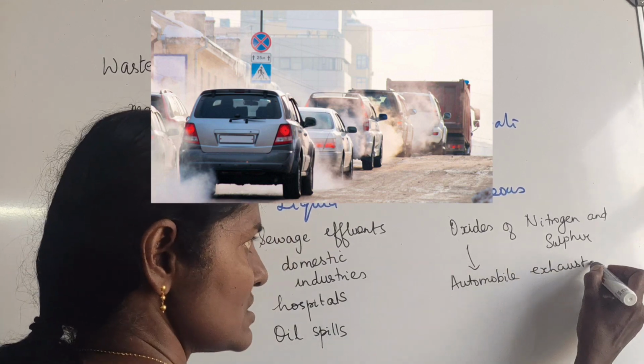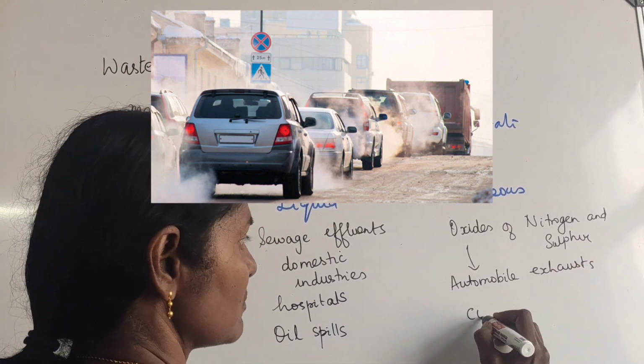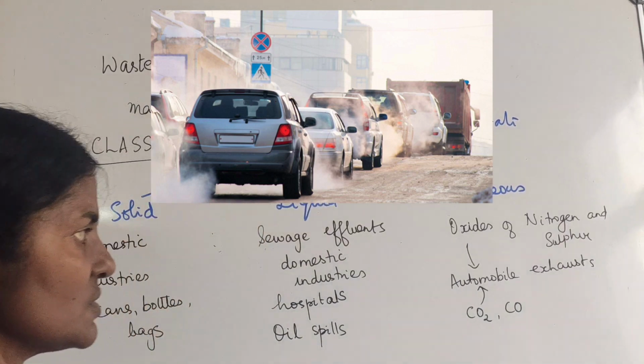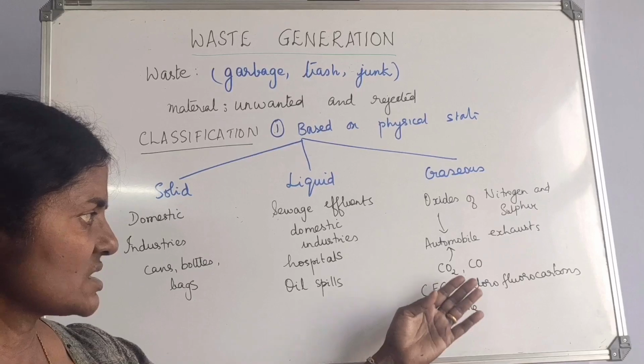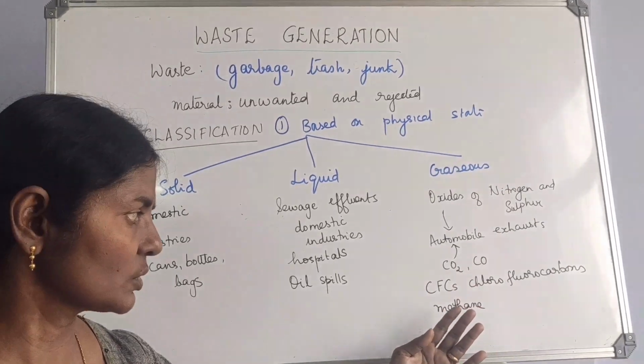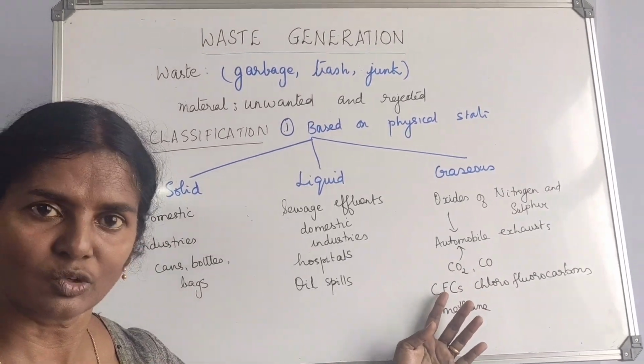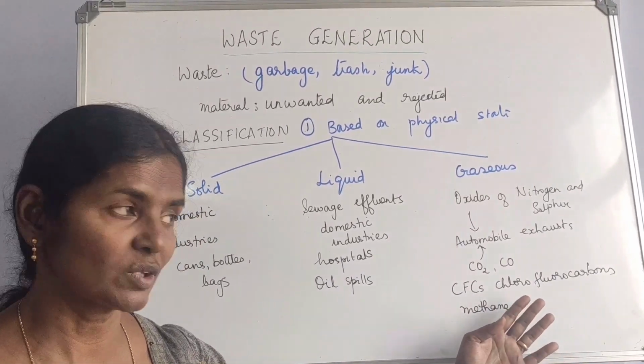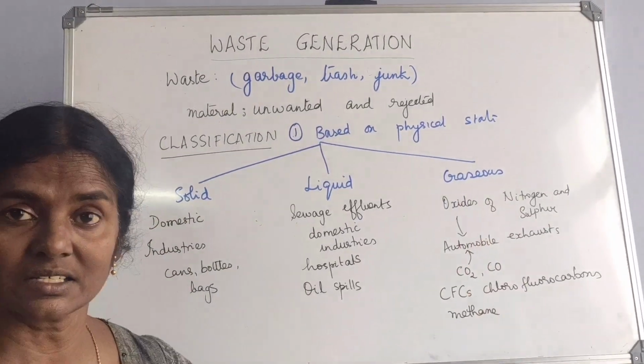Not only this, you also have carbon dioxide, carbon monoxide. This also comes from automobile exhaust. Besides this, you have CFCs, that is chlorofluorocarbons, methane and other hydrocarbons, which are also part of gaseous waste.